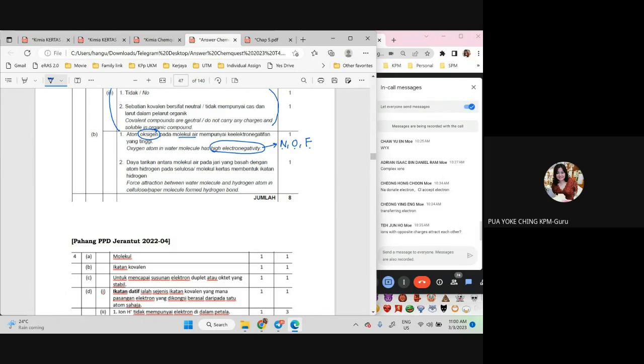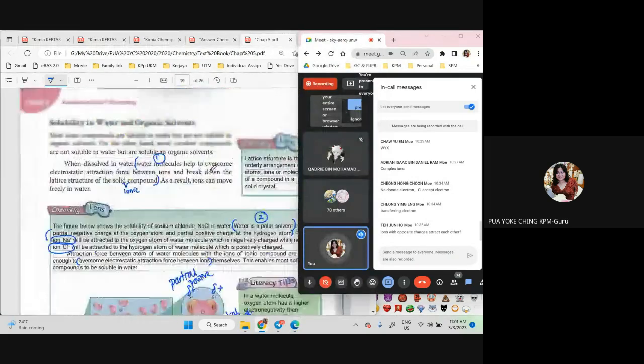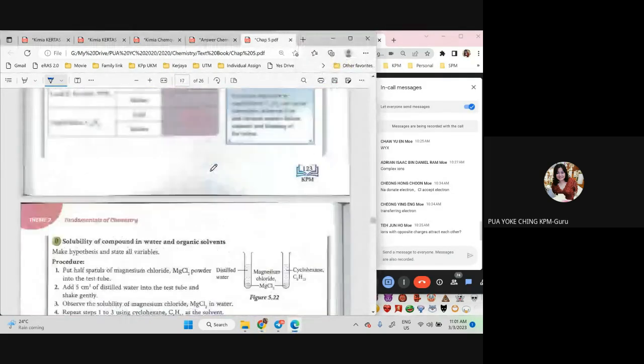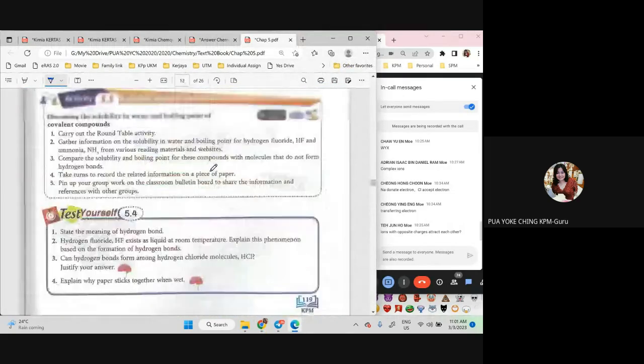Okay. So O ini akan tertarik dengan hidrogen pada selulose ataupun molekul kertas. Ini yang kena hafal, di mana you need to remember in your paper, there is a cellulose. Means you have hydrogen in your cellulose molecule. Okay? So, yang ini pun ada dalam buku teks. The example I think is more clear lah.